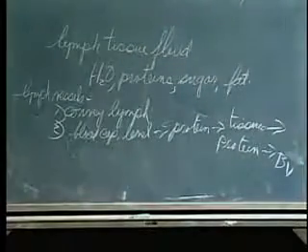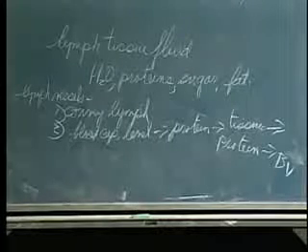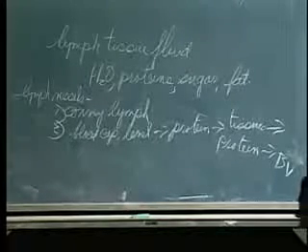Now the fat, for some reason, I don't know whether you've been taught this in your classes, is so different in its absorption from the intestine into the venous system. It has its own pathway, a whole different pathway.